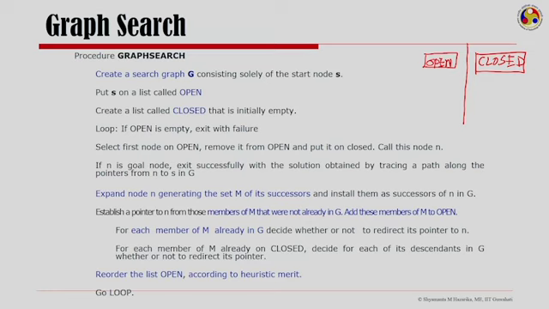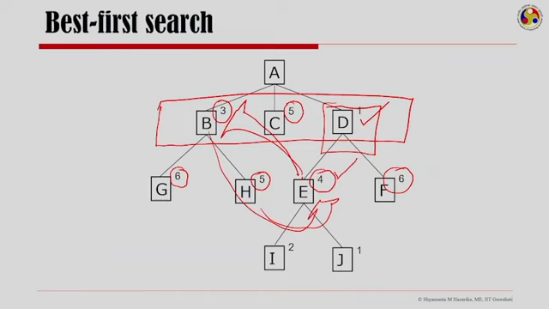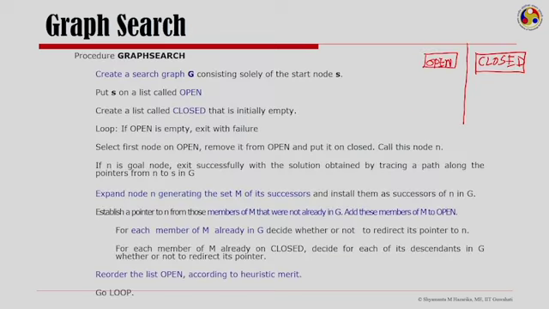So here, continuing that discussion, as I am dealing with A, B, C, D and then expanding E and then going back and expanding B, the only point at which this graph search algorithm would make a difference is on the reorder of the open list. When I reorder the open list, I will now order it according to the heuristic merit, and therefore the node that would be expanded next would be at the front, allowing me to take the most promising node first.